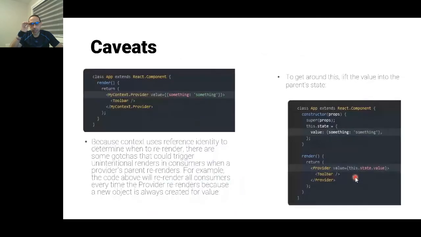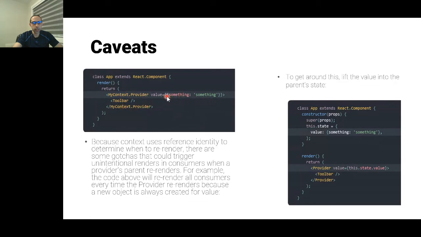Now, getting into some practical considerations. The first one is, while passing a value through the provider to the children components or the nested nodes in the tree, you have to be mindful that if you pass an object directly through the value, every time the app component renders, the provider will render every single consumer.